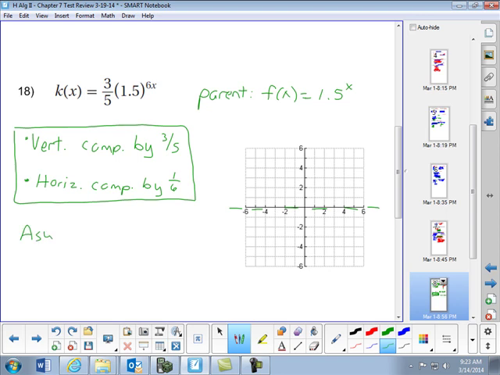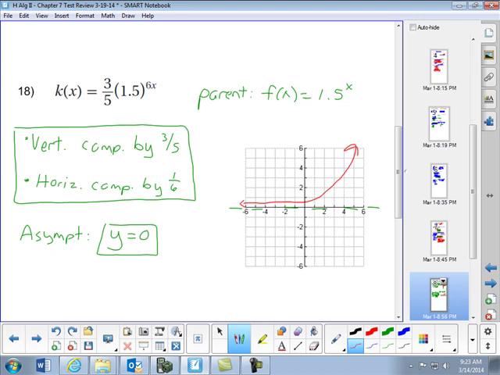So my asymptote is at y equals 0. And then you could graph it on your calculator, or really the one thing I'm going to check for this one, what's your y-intercept? It's at 3/5, so you know it's down here. And you know that it approaches that line and gets closer and closer, but never gets there. Okay?